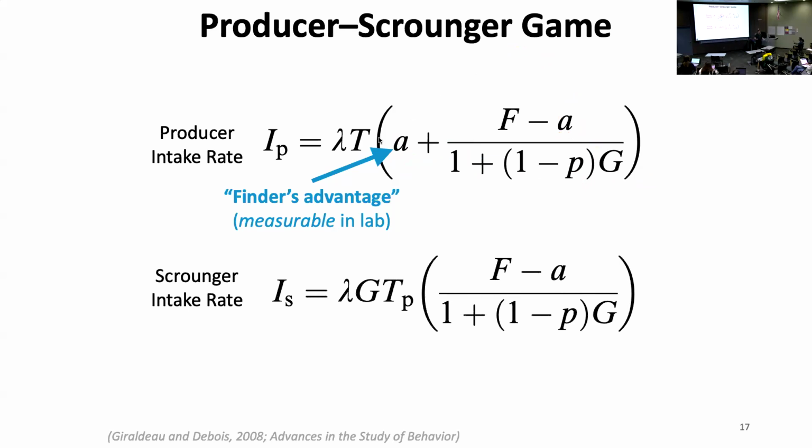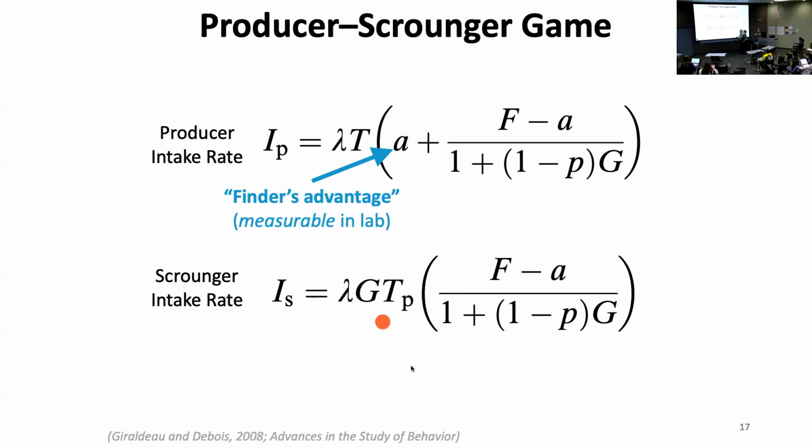Likewise, we can then do the scrounger's intake rate. For the scroungers, it's everything that's here, but without the finder's advantage. So this is like all of the food patches that are found, P times G, which is the number of producers in the environment.